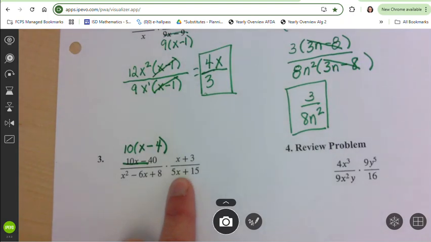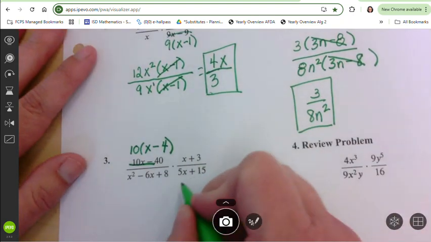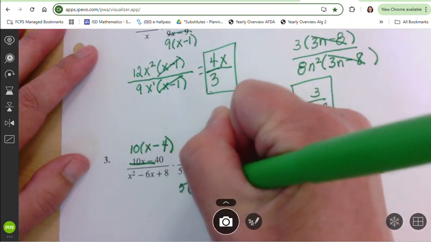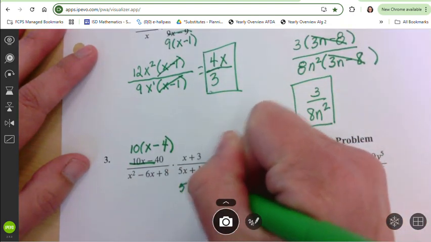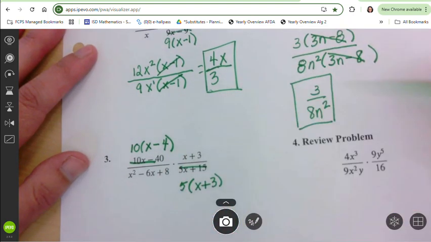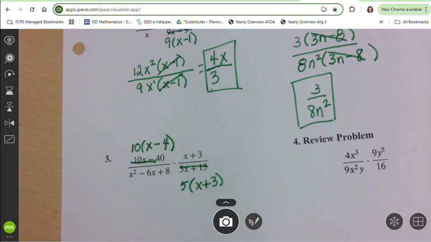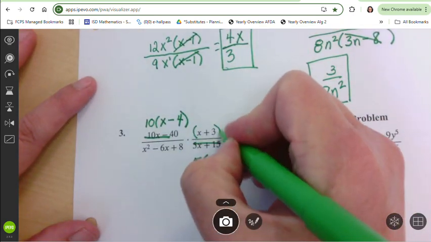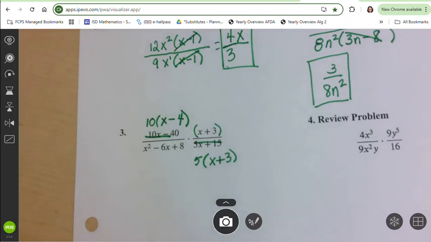Then down here, 5x plus 15, what can we factor out? 5, good. So here's the 5. 5 times x makes the 5x, and 5 times 3 makes the 15. Now this one here, it's already its own factor. You can just put parentheses on it, like that. It's fine.